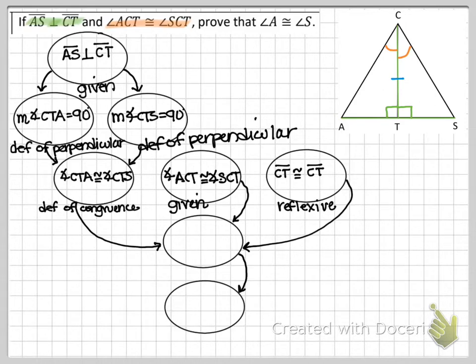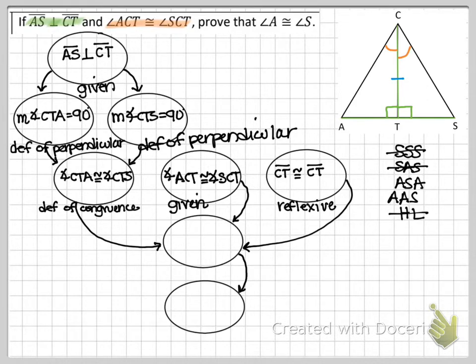If I look at the picture, I have three things marked in each triangle. I think about the five things it could be: side-side-side, side-angle-side, angle-side-angle, angle-angle-side, and HL. And I go through and think about what I have. I have two angles, one side.